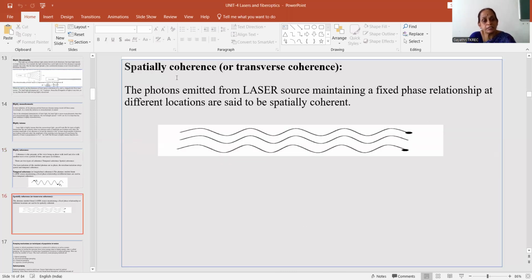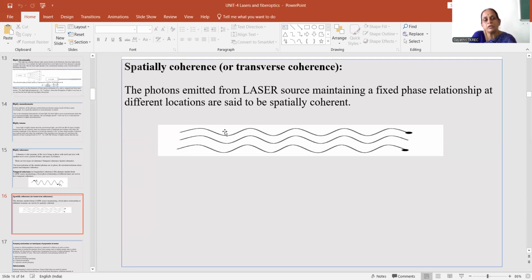Next one is spatial coherence. Spatial coherence is also called transverse coherence. The photons emitted from the laser source maintain a fixed phase relation at different locations, meaning we are considering two points on different waves. That type of coherence is called spatial coherence.